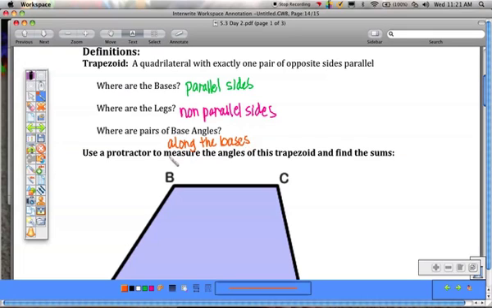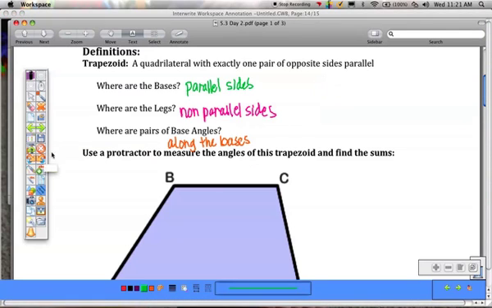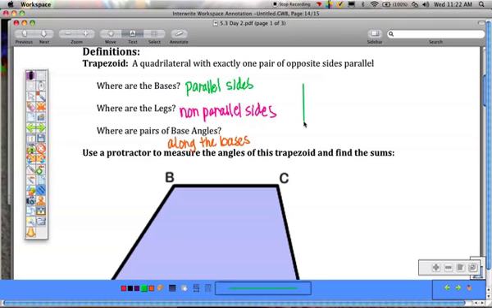So let's draw a picture to represent what this might look like. Let's do our parallel sides this way, for example. Okay, so let's label all the parts here then.